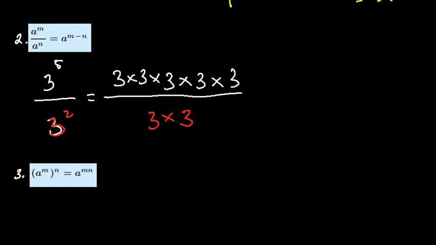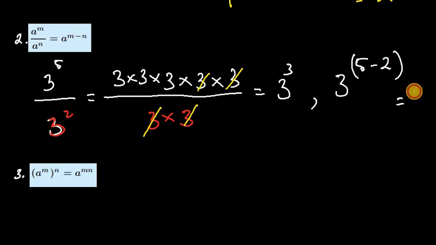Now we can cancel the numerator and the denominator. 3 cancels by 3, 3 also cancels by 3, so we will end up with 3 times 3 times 3, which is 3 to the power of 3. Or you can simply do 3 to the power of 5 minus 2, which equals 3 to the power of 3.